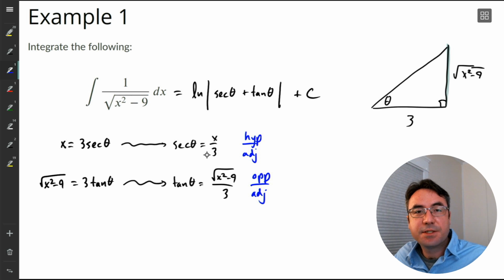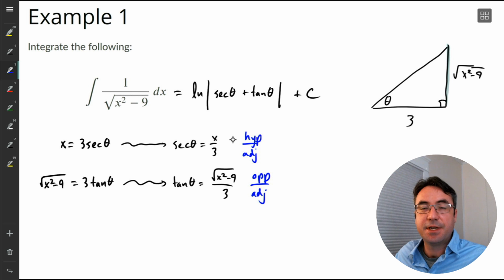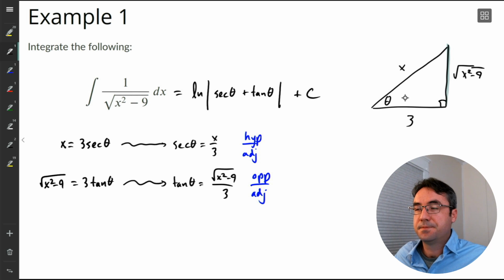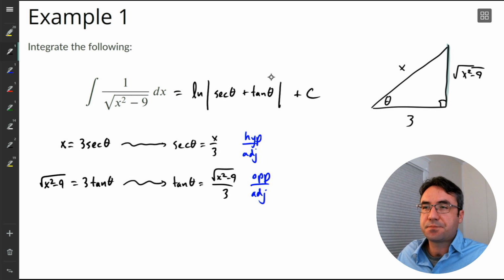So if we match up the pieces of our fractions here, it's telling us the adjacent side is 3, which we already knew, and the hypotenuse is x. So you can just use those to figure out what all three sides of the triangle are going to be. All right, so let's now look at our integral here.